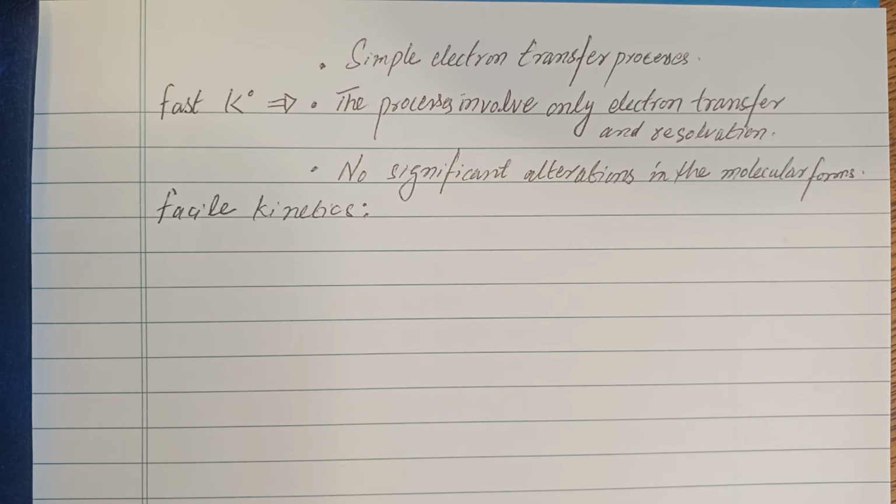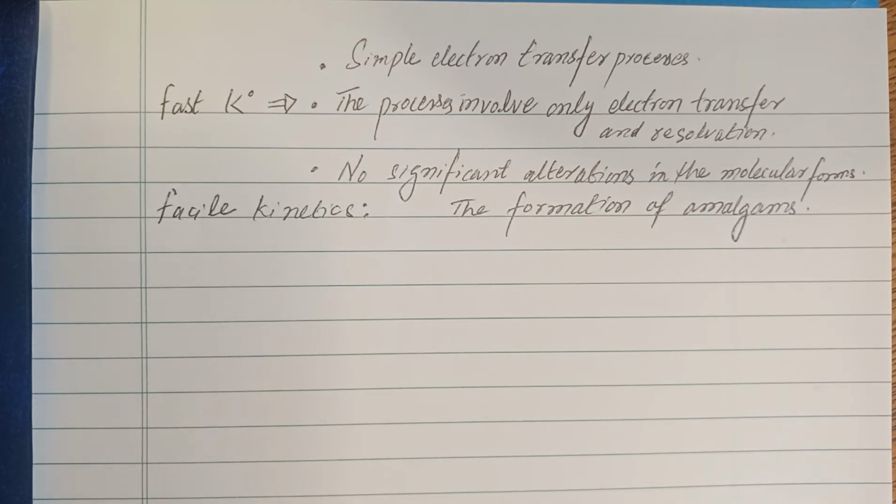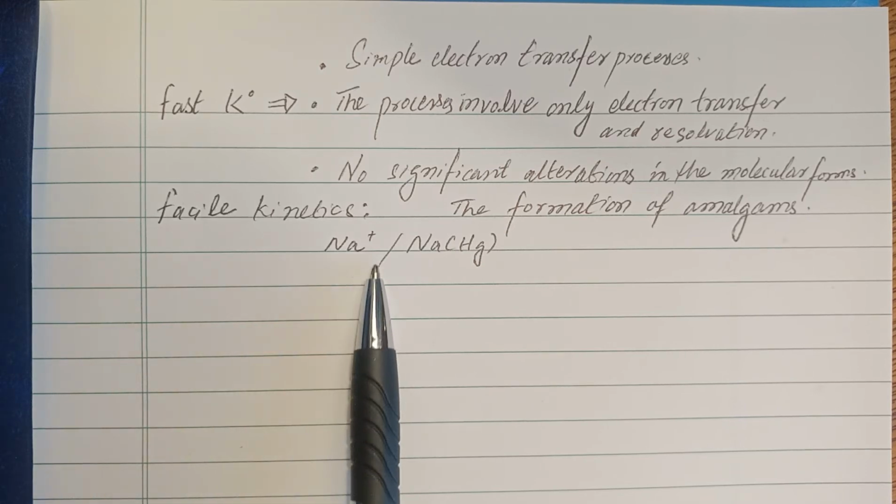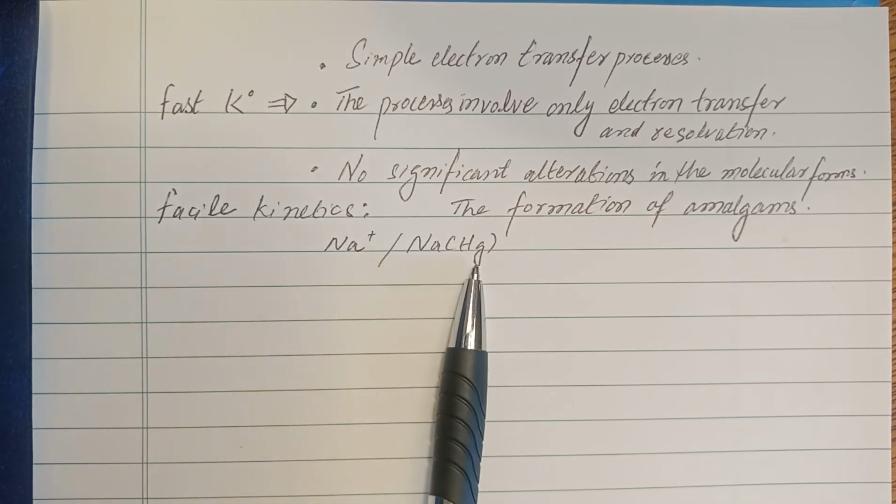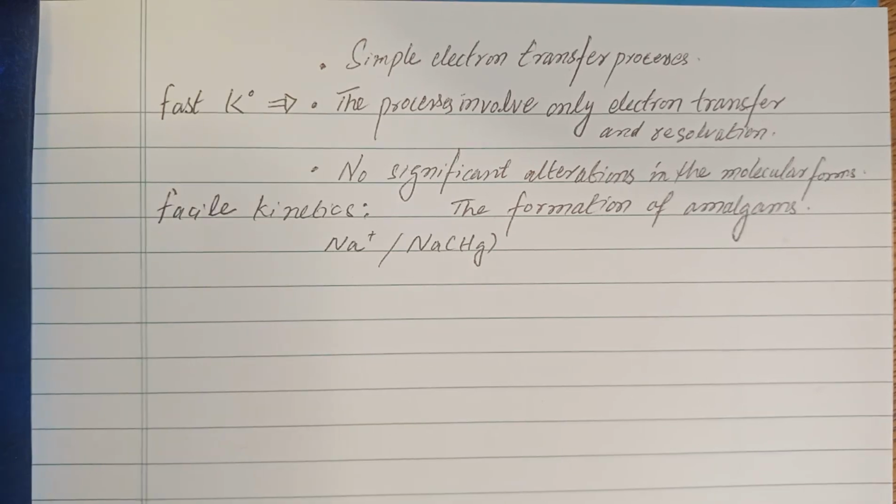Other examples of facile kinetics, meaning the faster standard rate constant and the achievement of equilibrium condition at faster rate, is the formation of amalgams. For example, formation of sodium amalgam from the sodium ion through electron transfer towards the mercury working electrode.